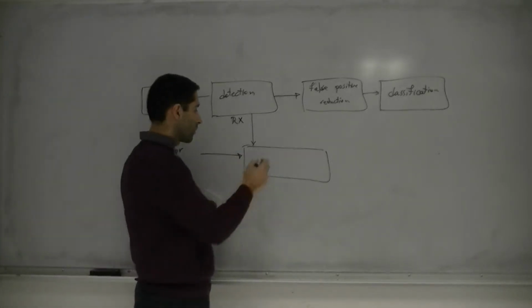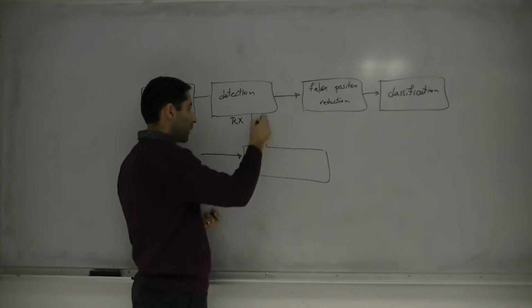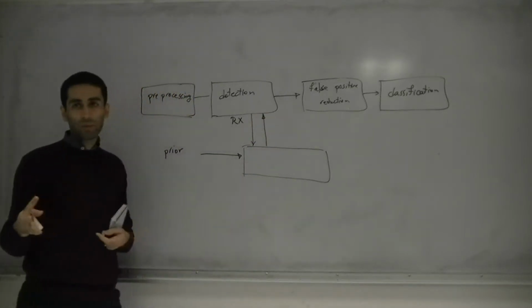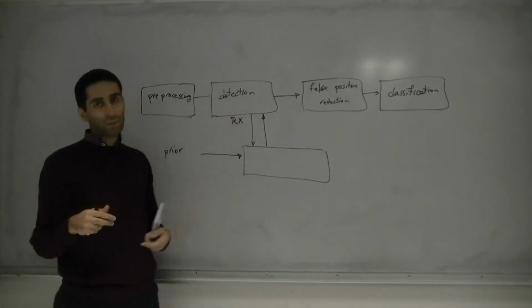Based on that, we receive some feedback from this part to the detector, and change the parameters of the detector based on this prior and the detection.